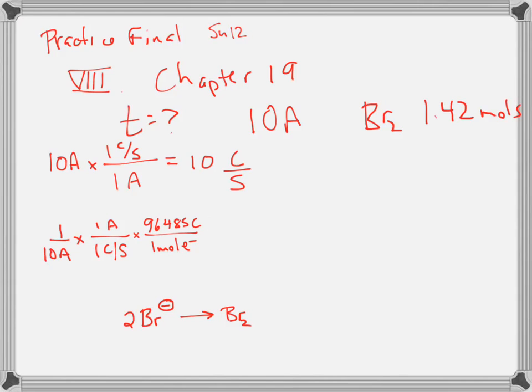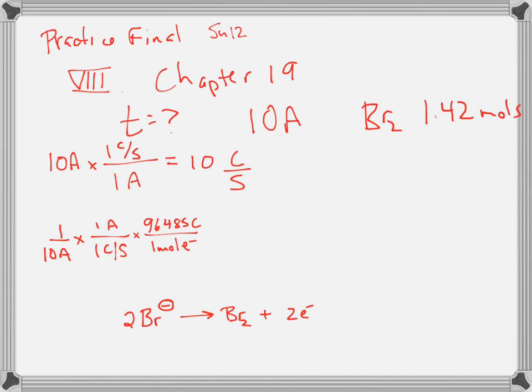Put a 2 in front of our bromide. Now that our elements are balanced, now we can balance charge. Is our charge balanced? No, what do we have to do? We need to put 2 electrons on the product side. Okay? So what does that now give us?